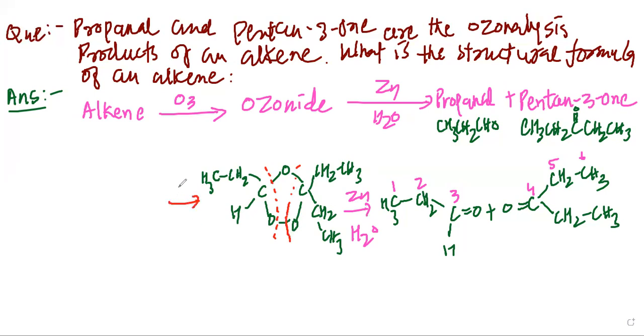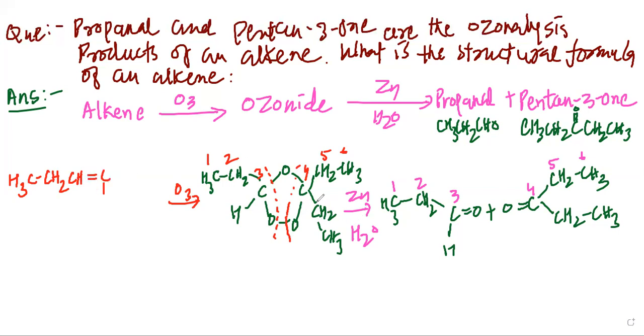And from this, my dear students, we can write the structure of the alkene, and it is as simple as this. We have CH3, then CH2, and then first, second, third carbon, fourth carbon, fifth carbon and sixth carbon. There is a double bond between the third carbon and fourth carbon.